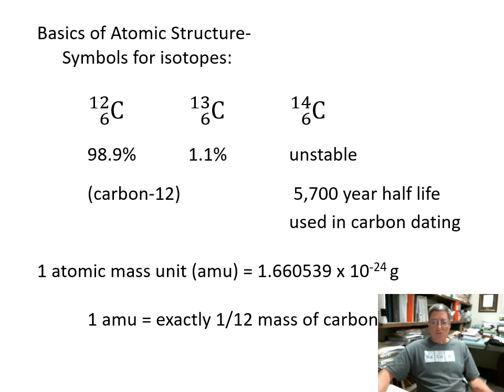So scientists just decided, let's use, for convenience, we'll call this the atomic mass unit. And that way, when we look at the masses of atoms, they're numbers we can deal with a little bit easier. And so one atomic mass unit is defined as exactly 1/12 the mass of a carbon-12 atom.